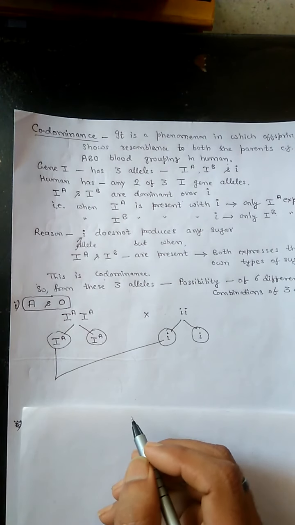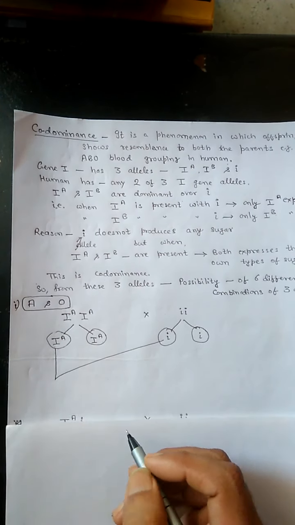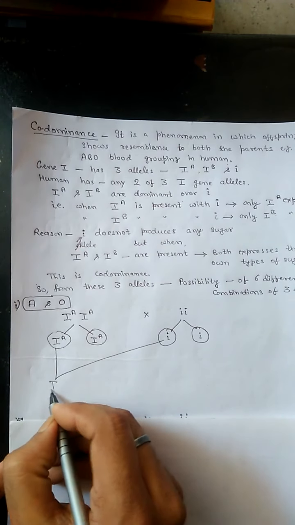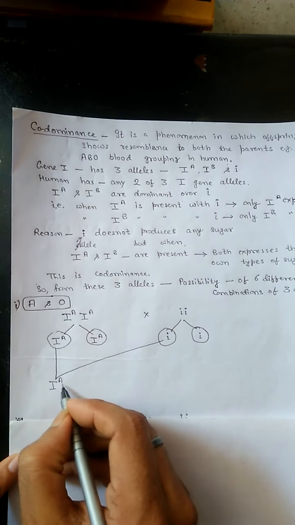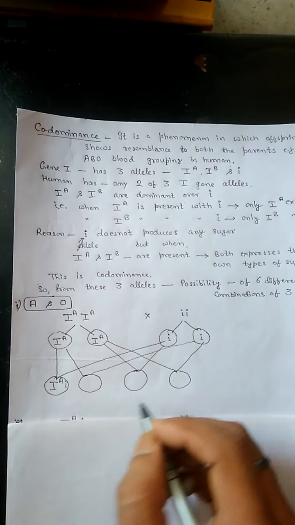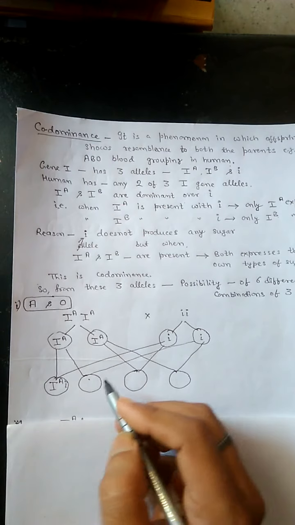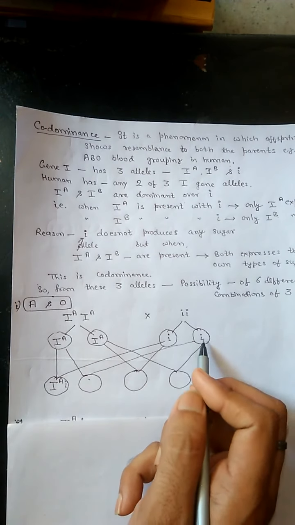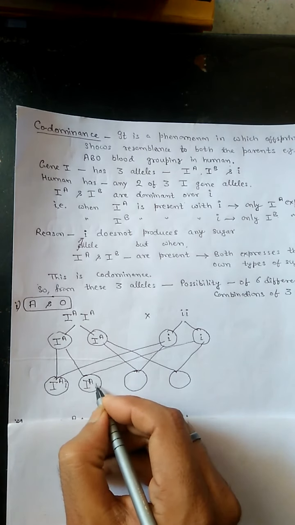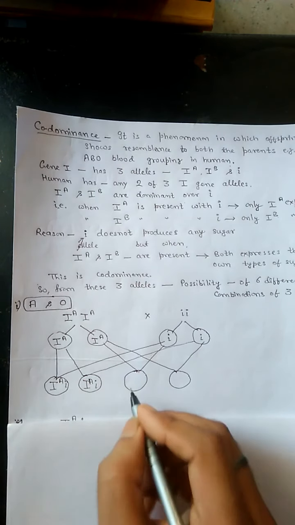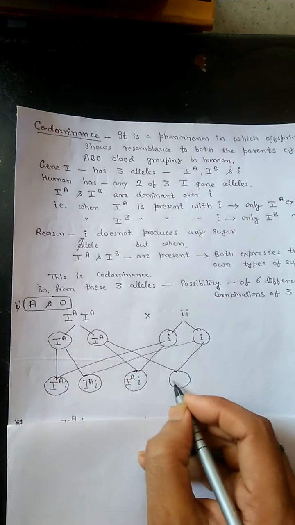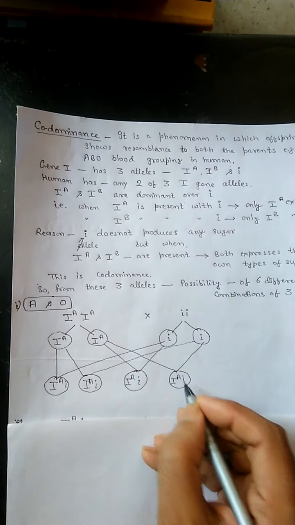Now again fusion will take place. The fusion will lead to production of IAi, then IA combines with i, which also leads to IAi. Here the combinations are IAi, IAi, IAi, IAi.